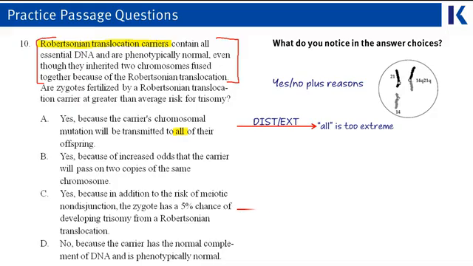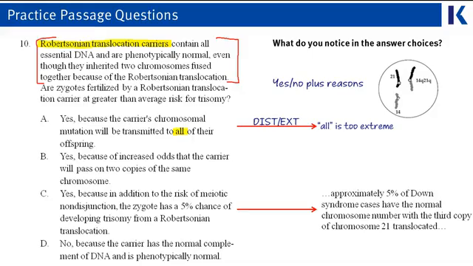So what was the 5% from the passage? Approximately 5% of Down syndrome cases have the normal chromosome number with the third copy of chromosome 21 translocated. So translating that, we could say that 5% of Down syndrome cases result from a translocation.